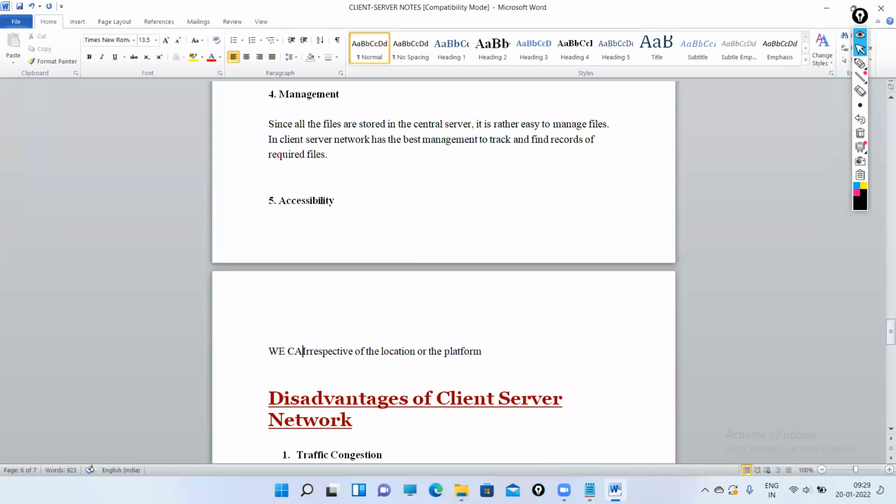We can access any type of data. Simply write only one point, correct, madam? We can access any type of data irrespective of the location and platform. Next, easily we can access any data. Simple. Access. Okay, madam? Up to here, okay?